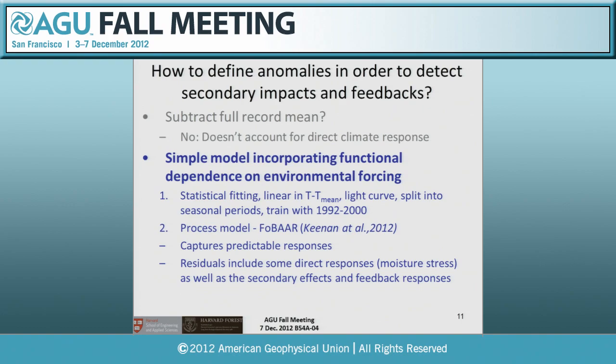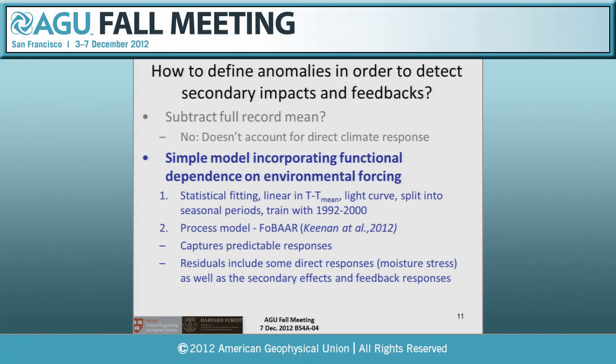If there's a warmer summer, we don't want to know the anomaly just because it's warmer, or if there's a cloudy period, we want to take out the expected effect of having less light. There are other approaches, as we've seen, like the process model that Trevor Keenan has described, and there are also other statistical ways. So what we want to do is capture the predictable response and then look at how the residual depends.